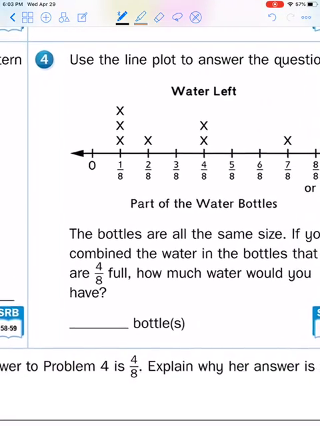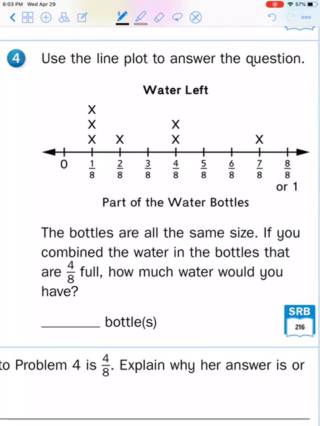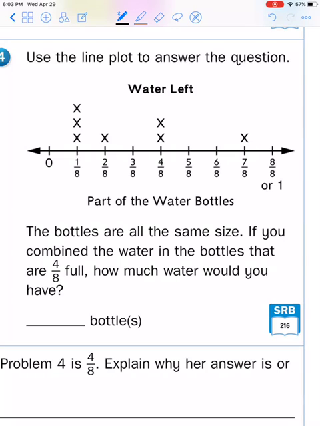Okay, let's do 4. Use the line plot to answer the question. So it says the bottles are all the same size. If you combine the water in the bottles that are 4/8 full, how much water would you have? So they only actually want you to look at the part that says 4/8.